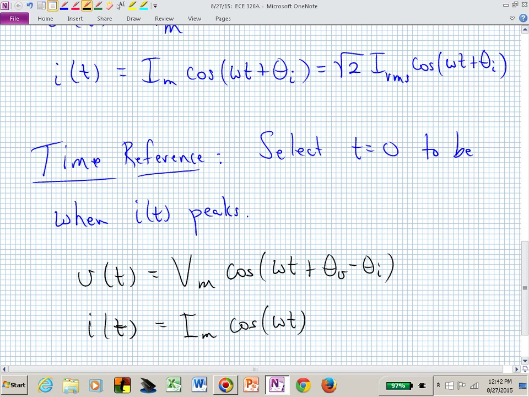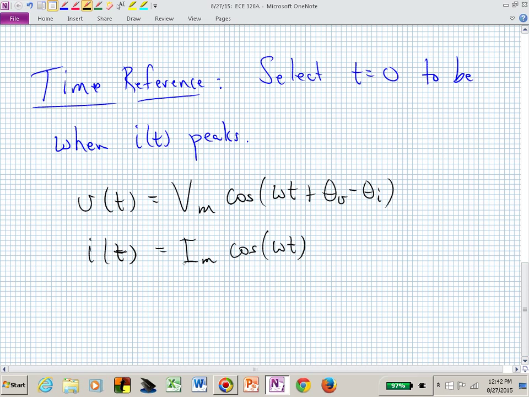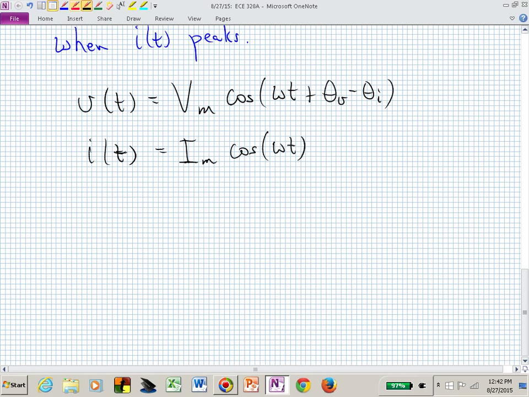But I still want to keep track of the time difference or the phase shift between the voltage and the current, so I'm not going to forget the angle of my current. I'm going to put it up into the voltage expression. And I hope you're comfortable moving back and forth between maximum or peak values and RMS values. Here I'm using the maximum values again. But let's now look at the instantaneous power.